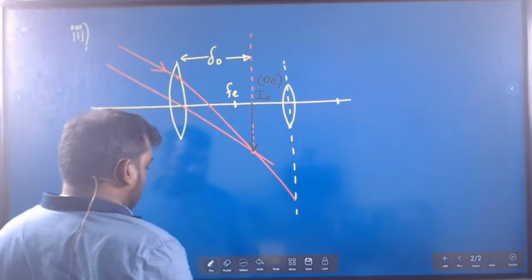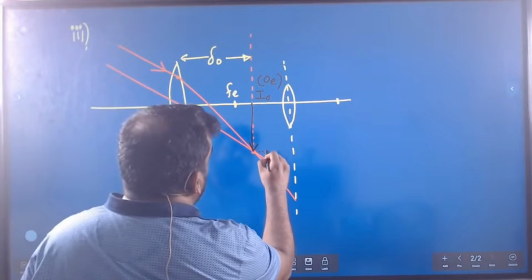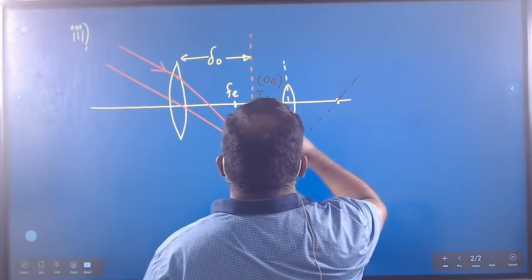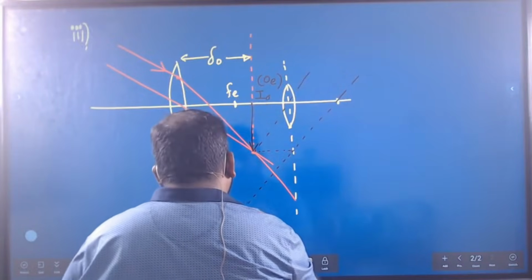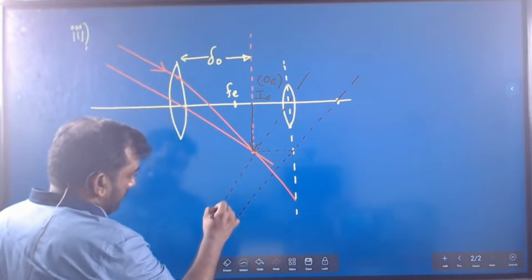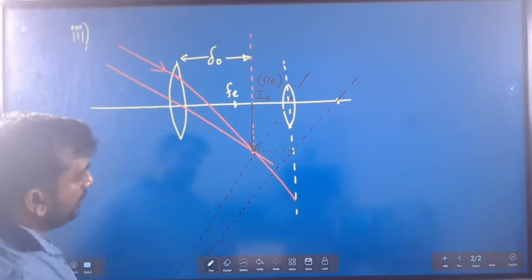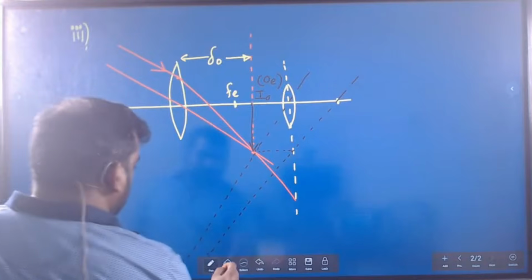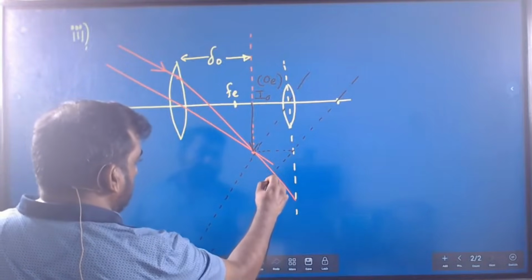Right. Let me draw. Parallel goes to the focal point. Please use the ruler when you are doing this.